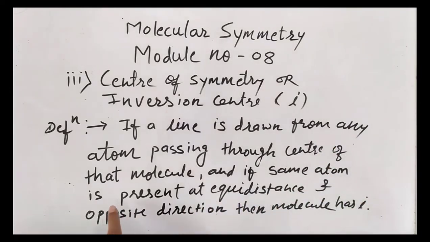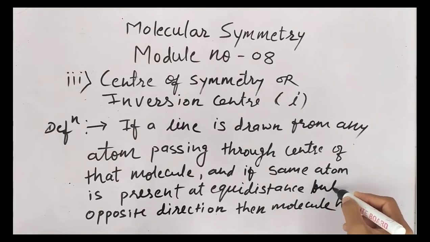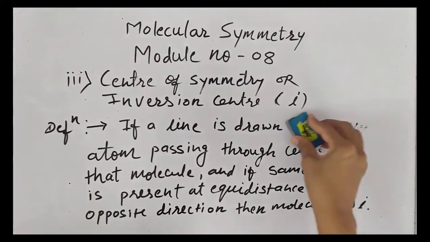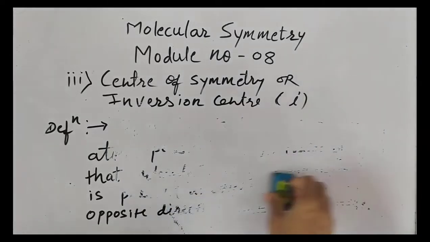And if we get the same atom present at equidistance but in the opposite direction, then the molecule is said to possess the i symmetry element. Just read out the definition again and again, and then we will proceed toward the examples.